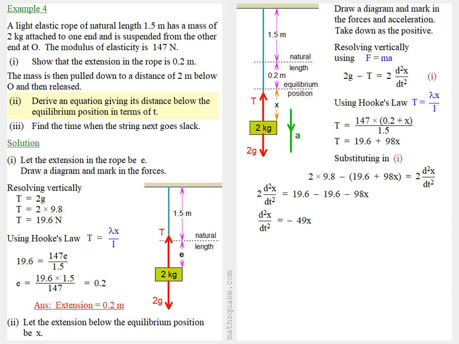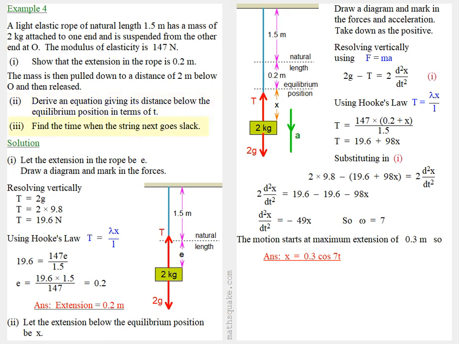And that is our standard equation for simple harmonic motion. And it tells us omega squared is equal to 49, and so omega is equal to 7. Now the motion starts at maximum extension of 0.3 meters, so we can use the equation x equals a cos omega t to get x is equal to 0.3 cosine 7t.